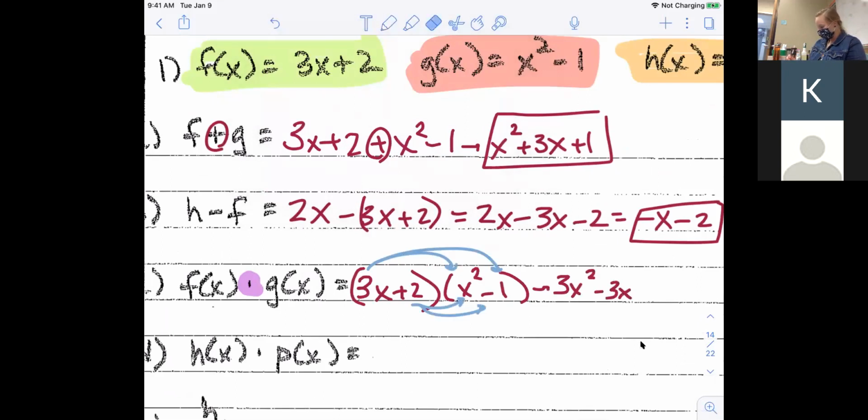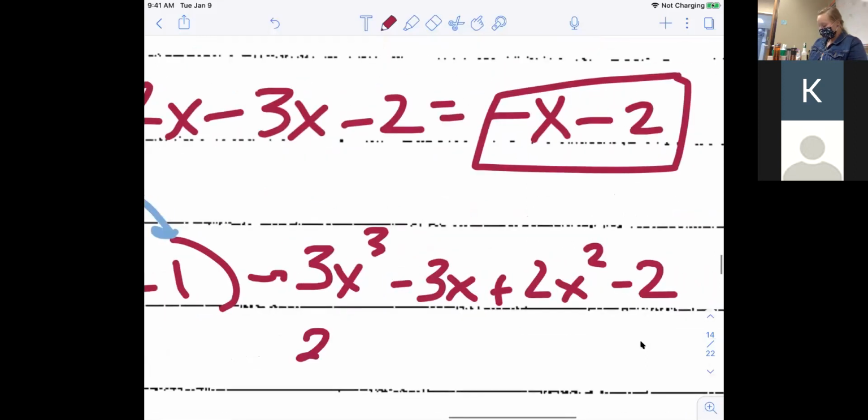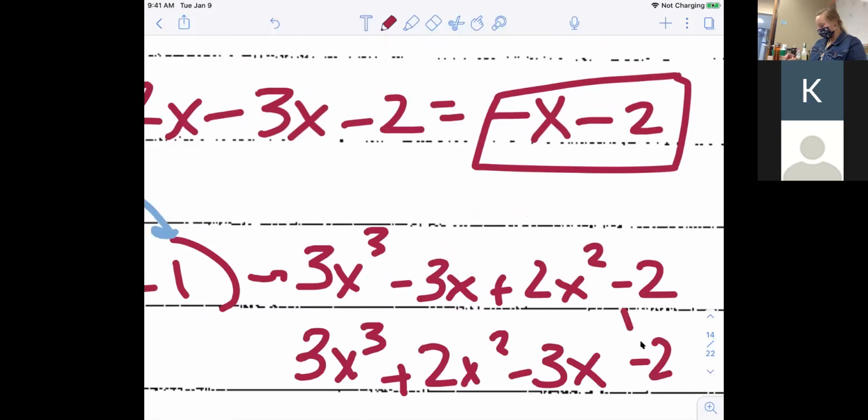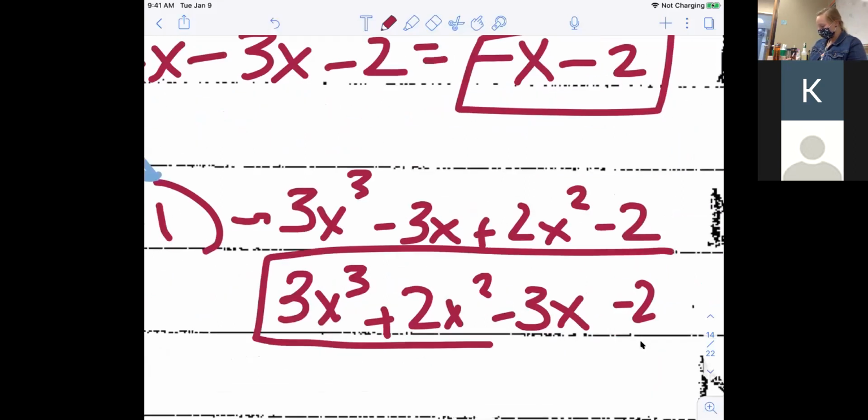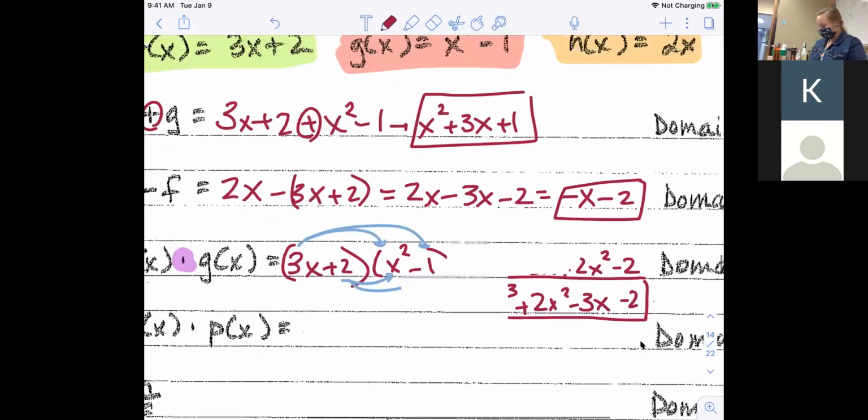Oop, 3x to the third. Not paying attention there. Minus 3x plus 2x squared minus 2. Do I have any like terms? Nope. I would like you to rewrite it though to do 3x to the third plus 2x squared minus 3x minus 2. Make it look nice. That's all I ask.